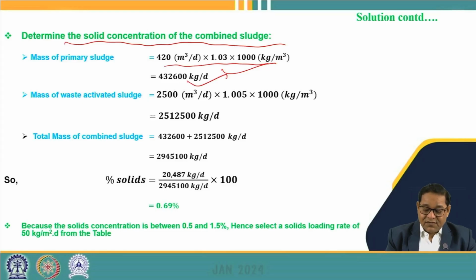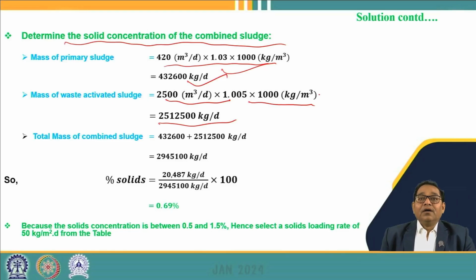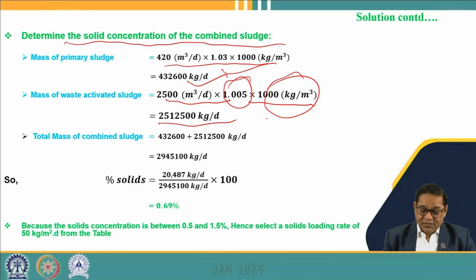This is the amount of primary solids present in the primary sludge. Then again flow multiplied by the density of the sludge, like specific gravity multiplied by the density of water, gives us the density of the sludge. Multiplied by this, it will give us the amount of solids present in the activated sludge.